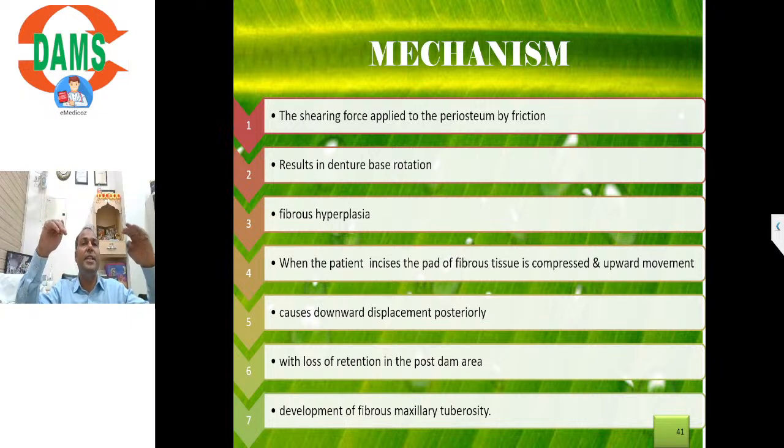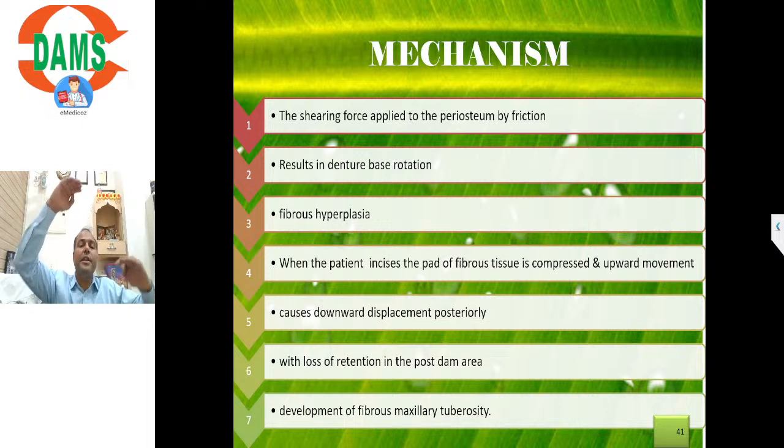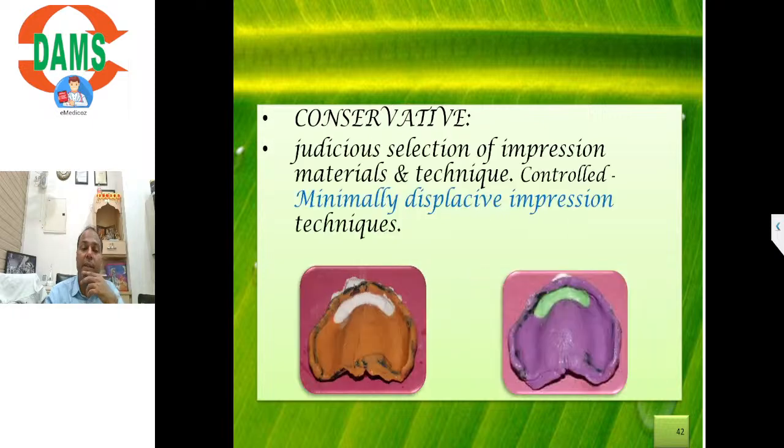Because the PPS is being activated so much, the articles that I have read say that because of that continuous pressure and continuous suction, there is a downward growth of the tuberosities, and it even becomes fibrous in nature. If it grows, your denture will move like this. So what will happen if it moves? There is derangement of the occlusal plane.